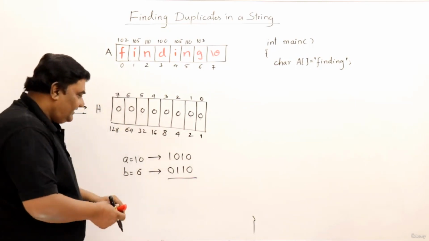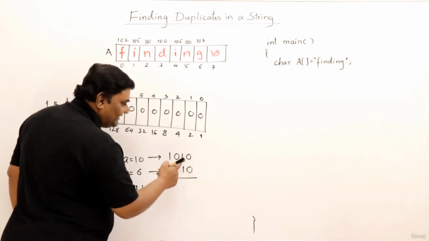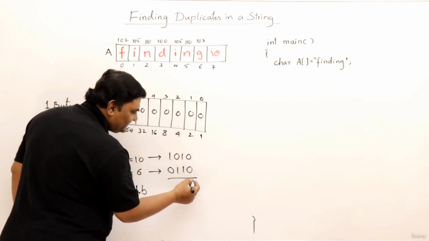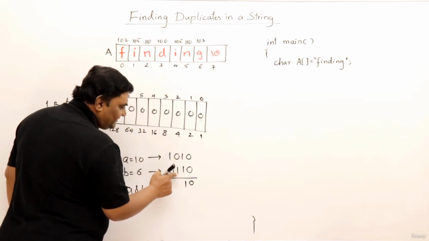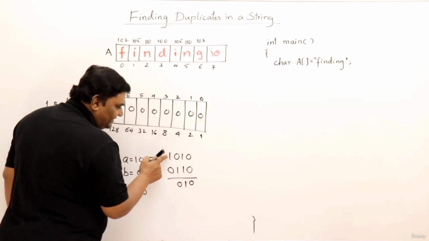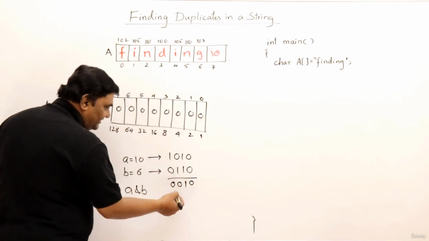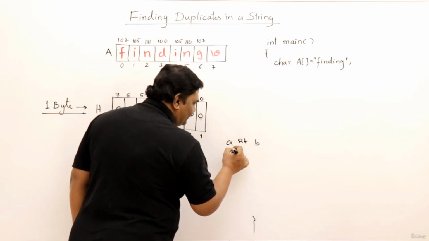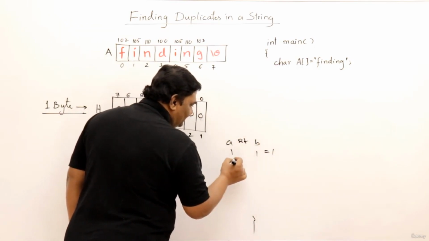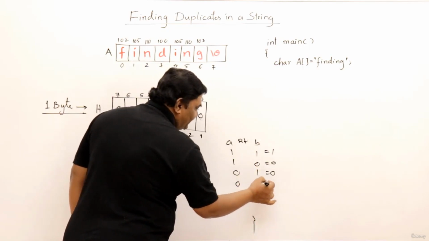Now what is AND? If I say A and B, then bits are ANDed. 0 and 0 means false and false, is false only. 1 and 1 means true and true, yes, true only. 0 and 1 means false and true, is false. Then 1 and 0 means true and false, is false. So you may know this if you have A, B and you are performing AND. So this is 1, 1 and 1 is 1, 1 and 0 is 0, 0 and 1 is also 0, 0 and 0 is also 0.